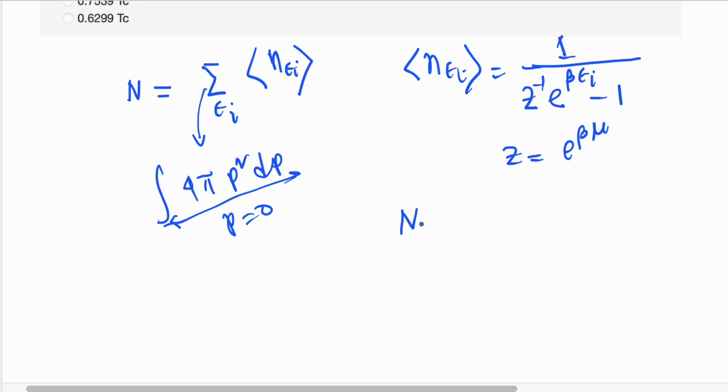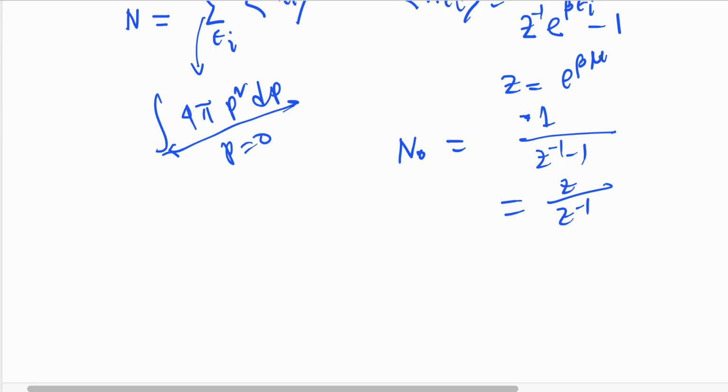From here it is straightforward to check: n0, if I put epsilon equal to 0, will be 1 by z inverse minus 1, which is z by 1 minus z.